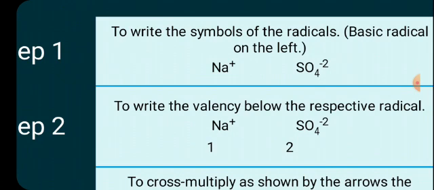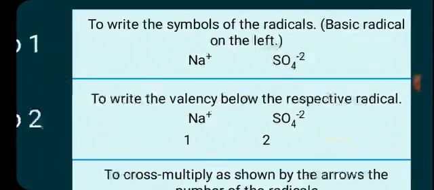Then step 2, write the valency below the respective radical. So Na+ carries one positive charge, so whatever charge is present on that radical is its valency. So sodium ion has valency +1, sulfate ion has valency 2 because it carries minus 2 charge.